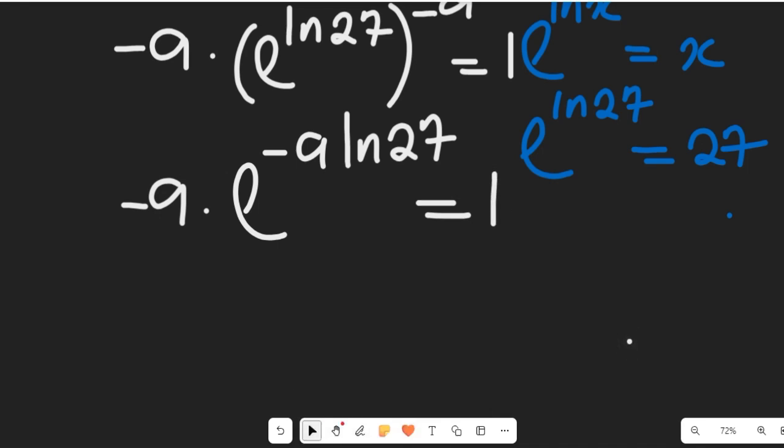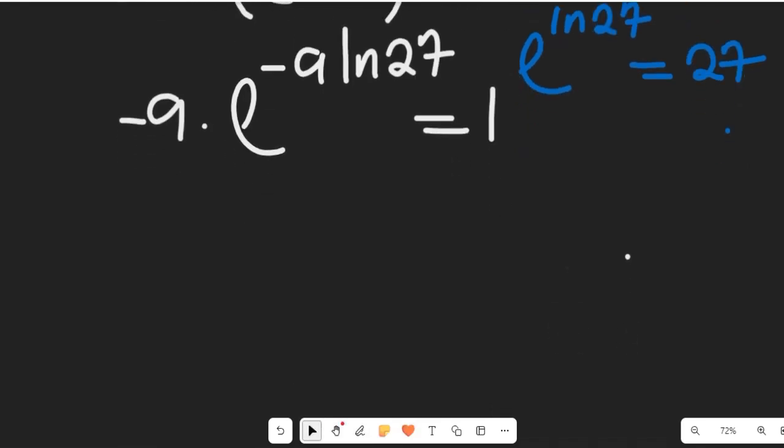Good. Now in that expression you can see something happening. I want to mend this expression such that I'll have an expression in which I can use the Lambert W function. Now what do I do? In order to get a Lambert W function, I need to multiply both sides by the ln of 27.